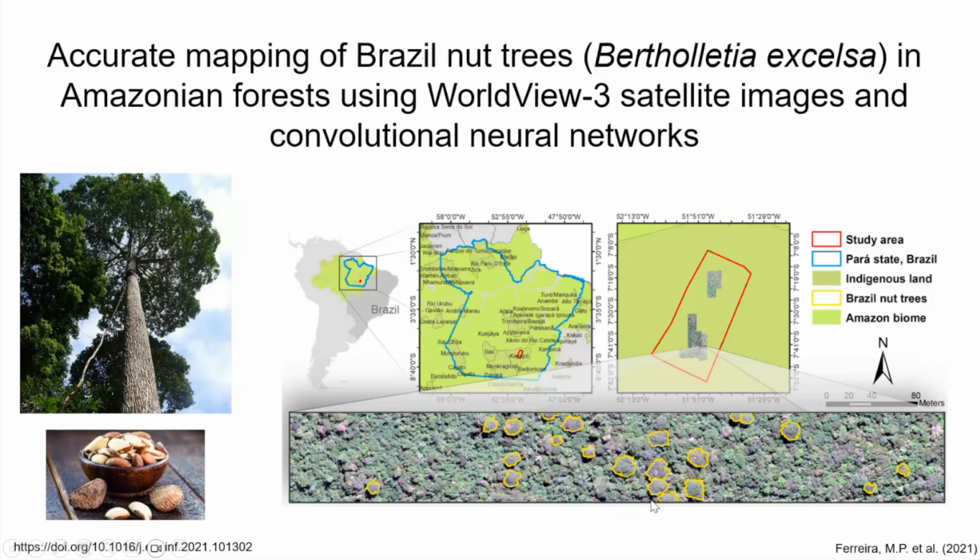and in the forest landscape, it can be very well located. Here we constructed an individual tree crown dataset in an indigenous territory in the Amazon, the Kayapó indigenous territory.